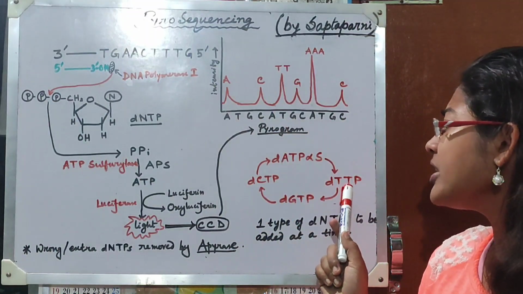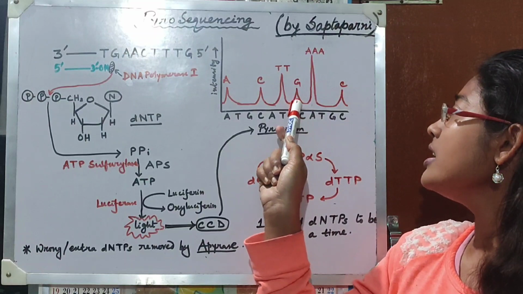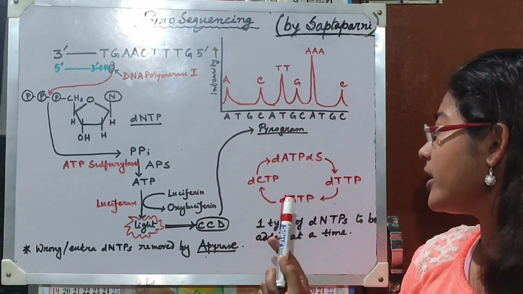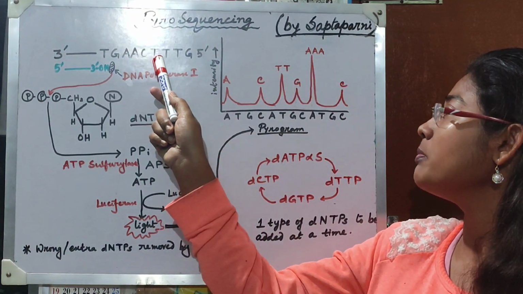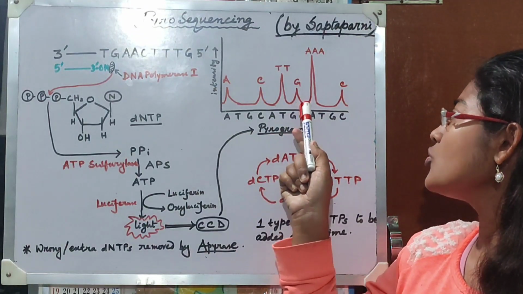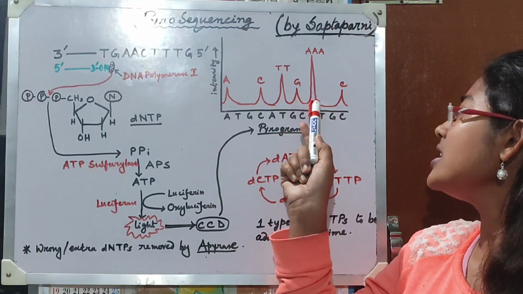Okay. Then we will add dGTP. See here C is present, so obviously G will attach here and will give a peak. Okay. Then we will add dCTP, but the next bases are T. Okay, so obviously C will not attach there, so there is no peak at C, but there are peaks when dATPs will be added.